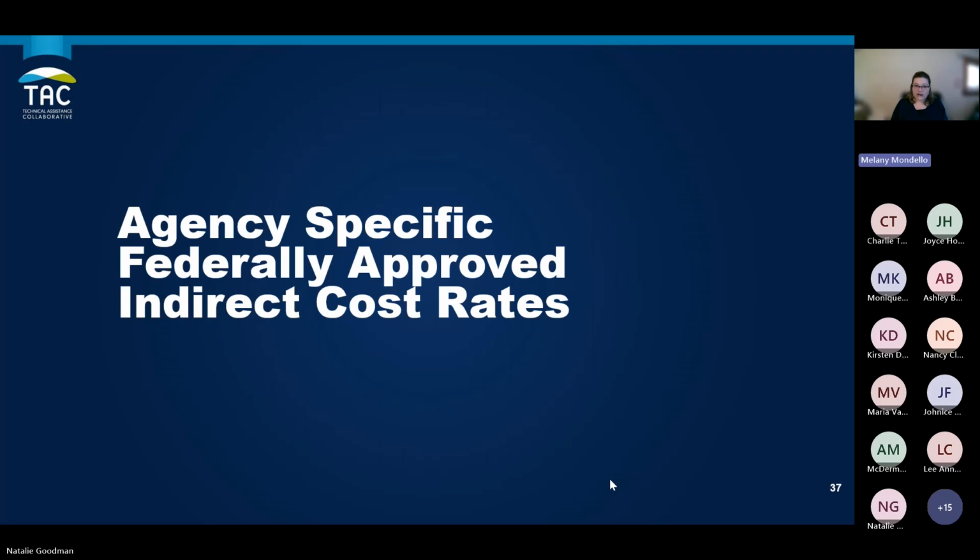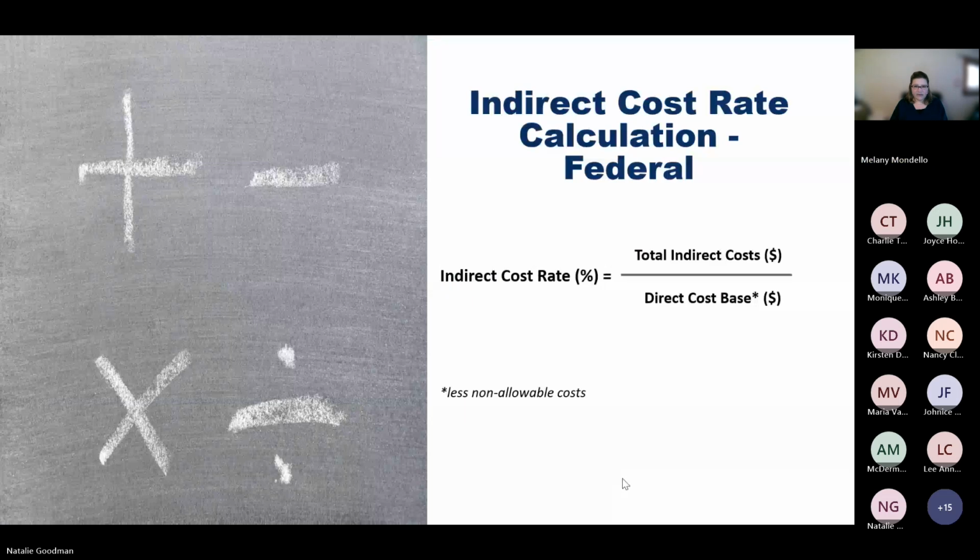So we talked about there's agency specific. We can go to the next slide. If you have an agency specific rate that you've done, you do a similar exercise to the modified direct cost base that we talked about. You're going to have your total indirect, you're going to have your direct cost base, which again, you have to document well, you have to submit to your oversight agency.